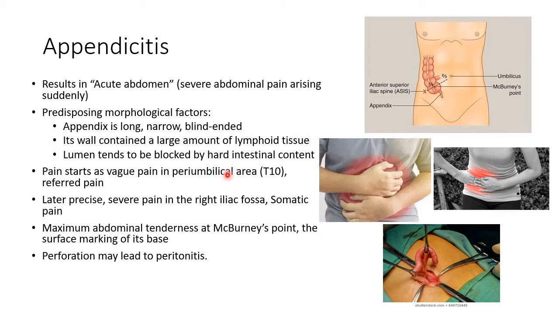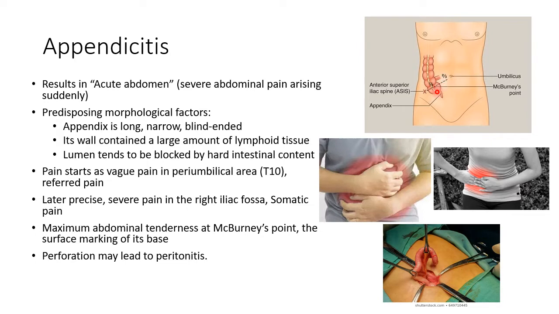Now, if there is appendicitis, where will the pain be located? First, it starts as a vague pain, meaning less localized, in the periumbilical region. This is referred pain, usually to the T10 dermatome. Now you know that the T10 dermatome is around the umbilicus, so pain will be referred to this area, and because it's referred, it's vague.